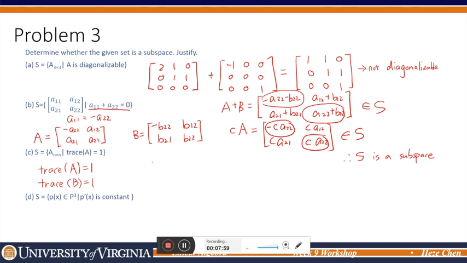We have a property for the trace: trace of A plus B is equal to trace A plus trace B, so it's going to be 1 plus 1, which is 2. Since trace of A plus B is equal to 2 instead of 1, it's not closed under addition, which means S is not a subspace.